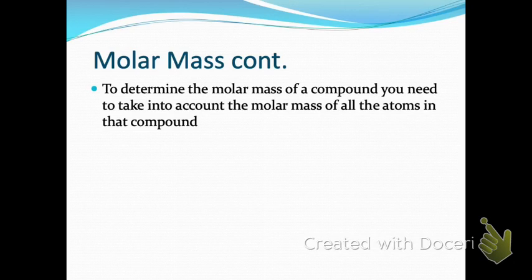If I wanted to find the molar mass of a compound, all we do is take into account the molar mass of each element in that compound. We take into account the molar mass of all atoms in the compound.